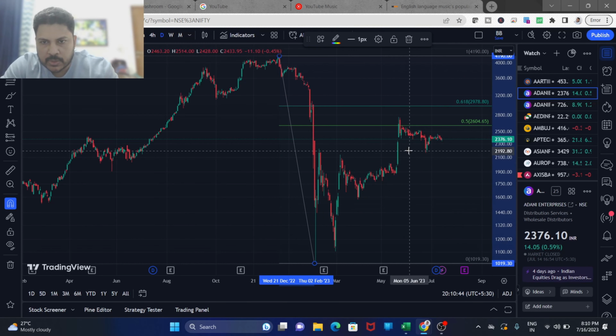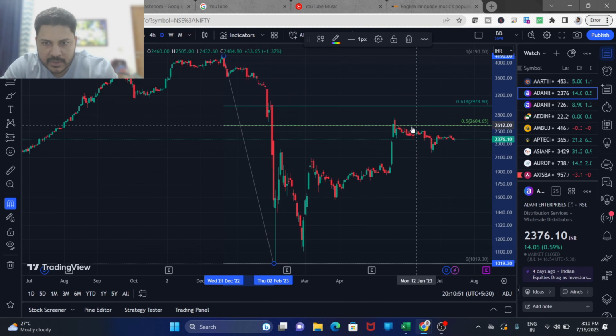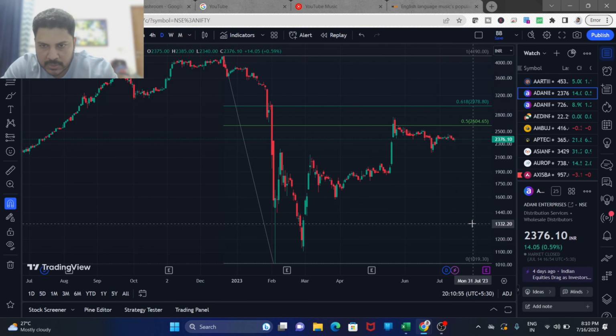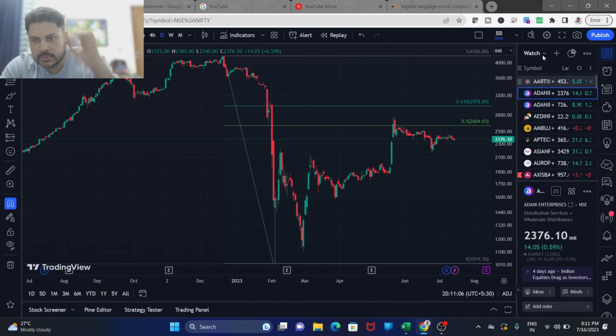Okay, so where do you see the stock? This is such a great tool. See the way it got rejected at this level. Now, if you see, the stock can come down very nicely if you can take a short entry from here, and it can give you a big target. So that's how it has to be used.